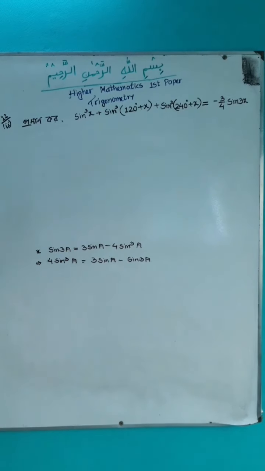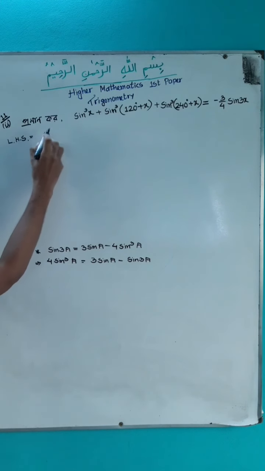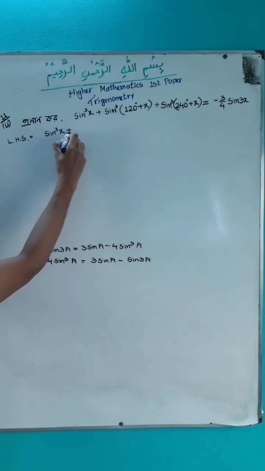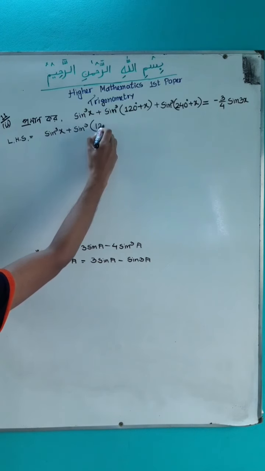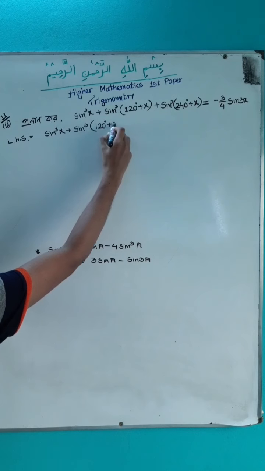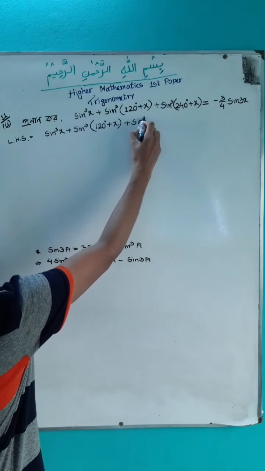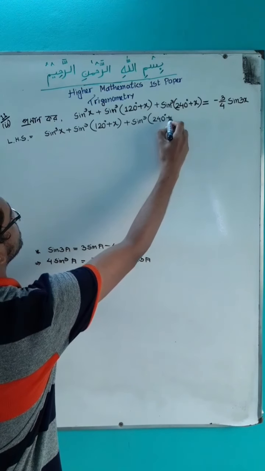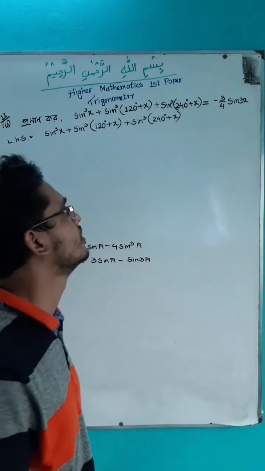Okay, let's start. Left hand side equals sin cube x plus sin cube (120 degree plus x) plus sin cube (240 degree plus x). That's all we have in the left hand side.